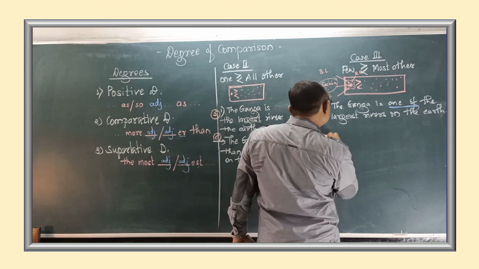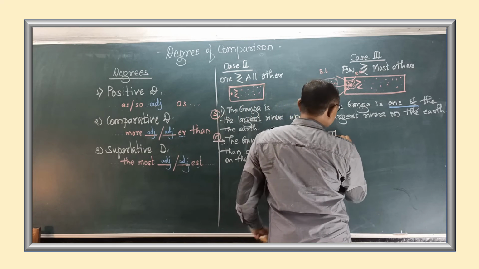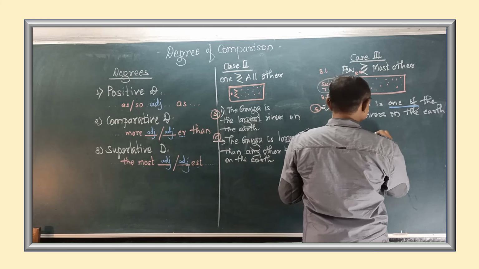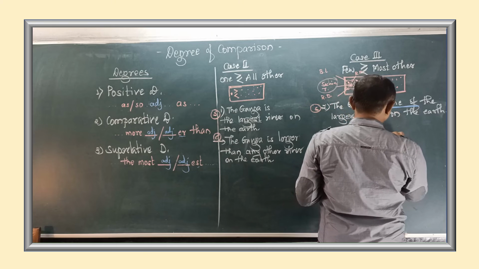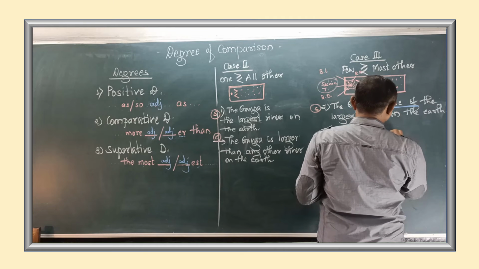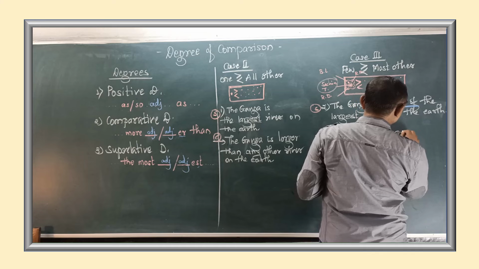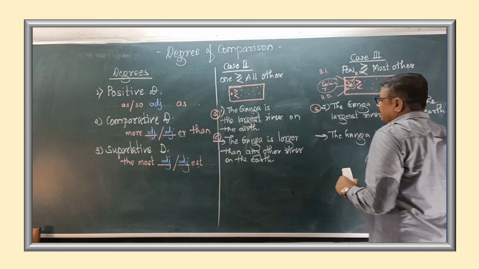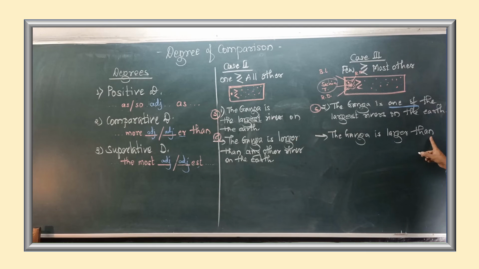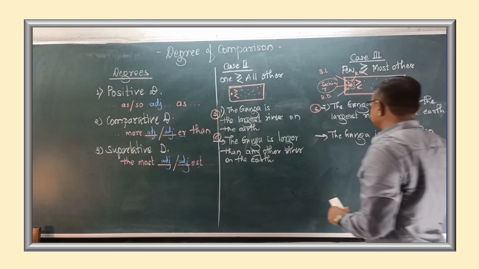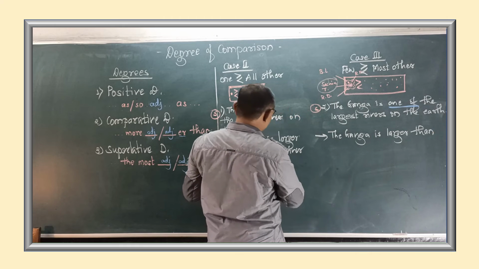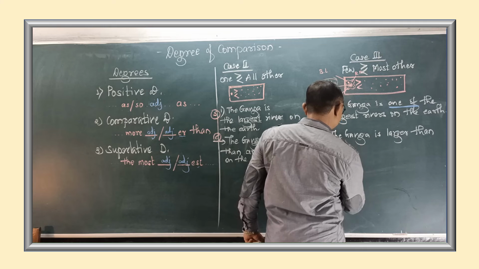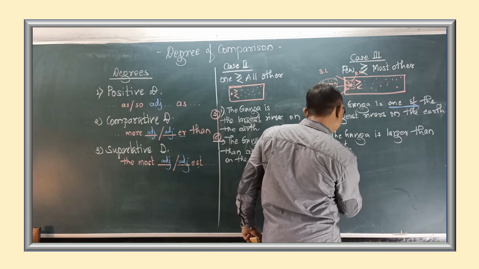And for case number 3, the Ganga is larger than. See, till this word than, the answer remains the same. But now the difference is made, as here we have written any other, here it will come most or some or many.